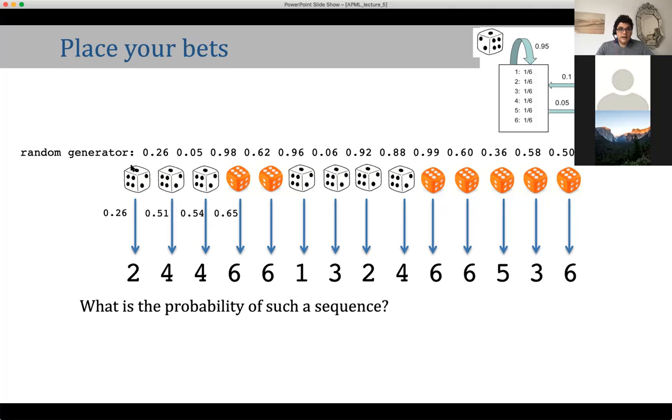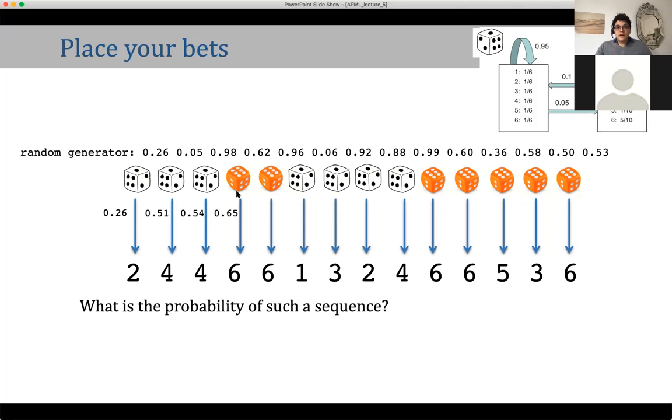So I keep the fair dice, and I draw again a random value to generate the value of the dice. 0.51 is between 3 out of 6 and 4 out of 6. We get a 4. We draw again 0.005. This is below 0.95. So we keep the fair dice. 0.54, it's the same. We draw a 4. Here I draw 0.98. This is above 0.95, so I move from the fair dice to the loaded dice.